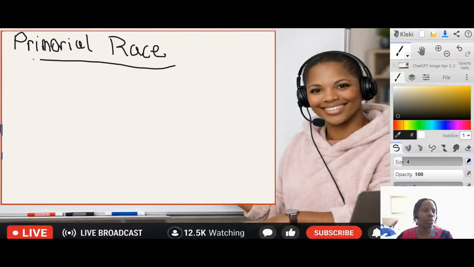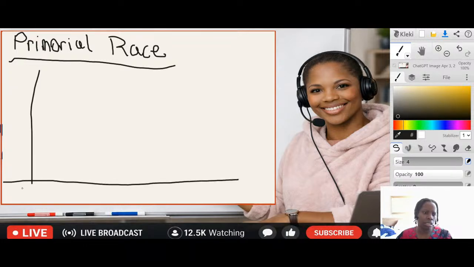Okay, so what Primordial Race is, and I probably should have typed it, is really a book about the prime versus composite dilemma. Not really a dilemma, more a phenomenon, right?